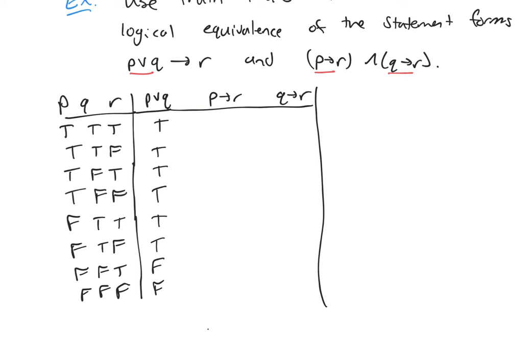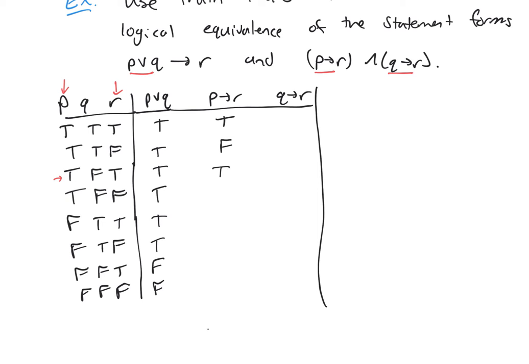Now let's look at the next one, if P then R. So you're going to look first at the P column, that's your hypothesis. Your R column will be the conclusion. So true and true means true. But in the next row, you get a true hypothesis and a false conclusion. So that would be false. And then the next row, your hypothesis is true and your conclusion's true.